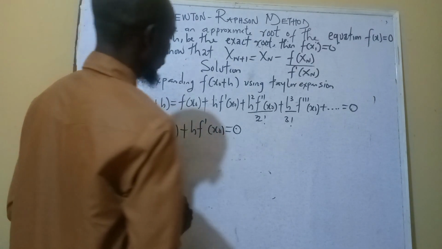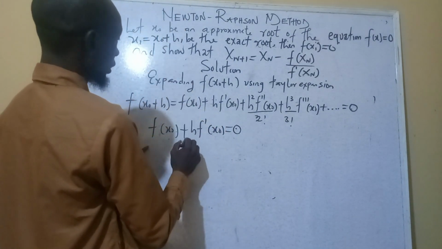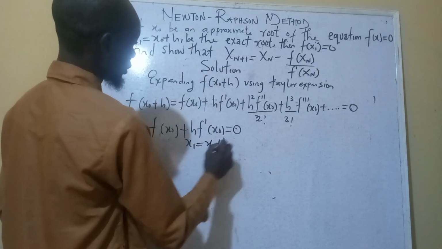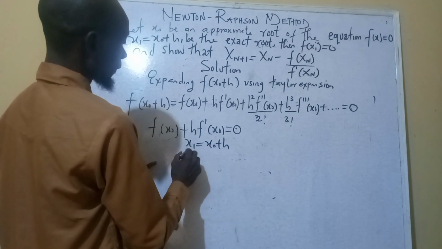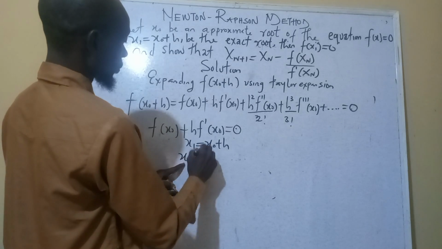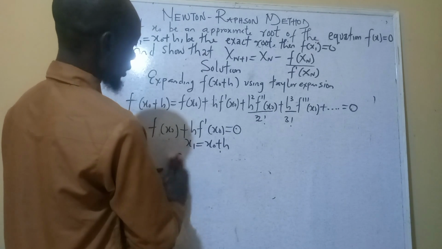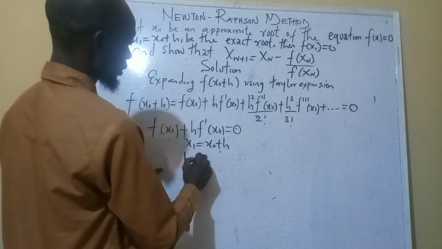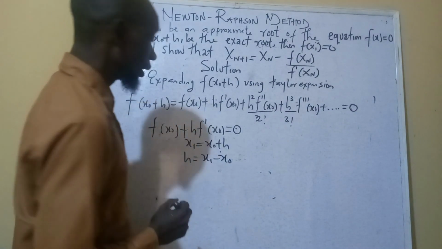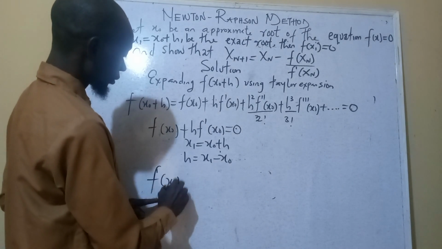Okay, now recall that here x1 equals x naught plus h. Now my h here can be x1 minus x naught.